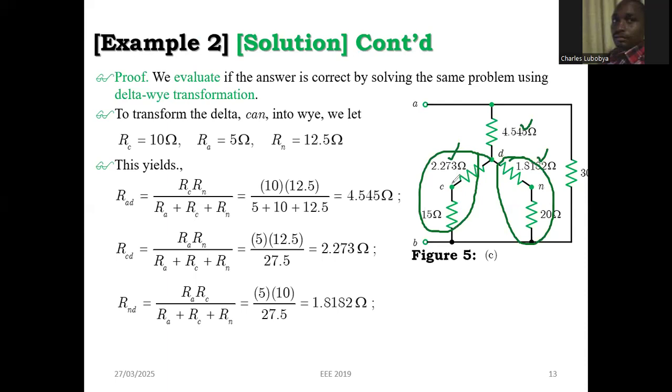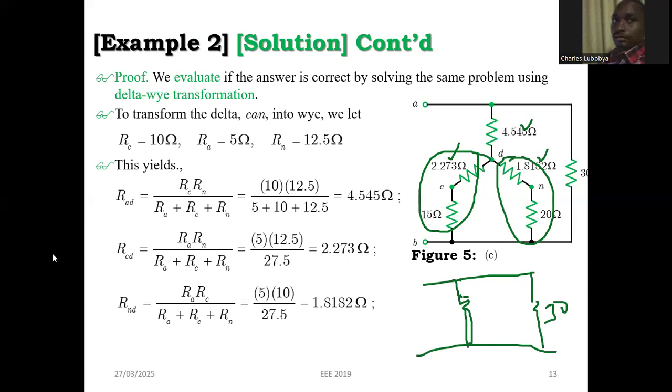So you have 15 plus 2.27 in parallel with 1.81 plus 20. Then you get the equivalent. That equivalent added to the 4.54 ohm, and once you add it, you end up with one resistor, which will be in parallel with the 30 here. And then now it's easy, because it is that 30 in parallel with that.